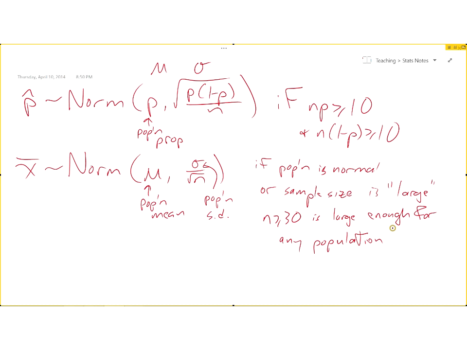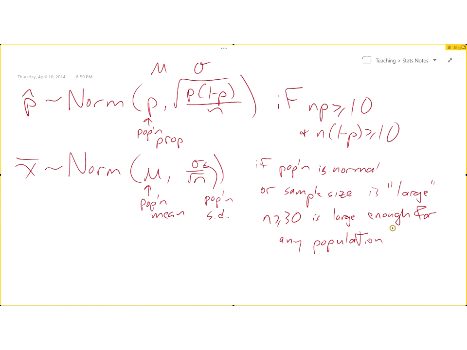Now, with the means, unlike with sample proportions, a little different thing happens when we estimate that. The problem is that we don't normally know what sigma is. So we substitute S for sigma.